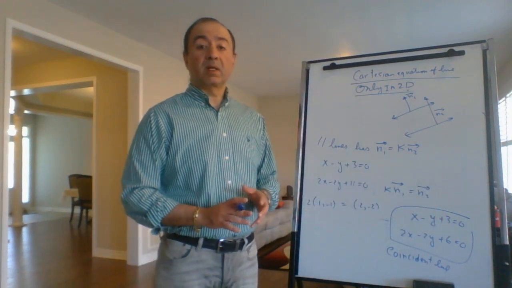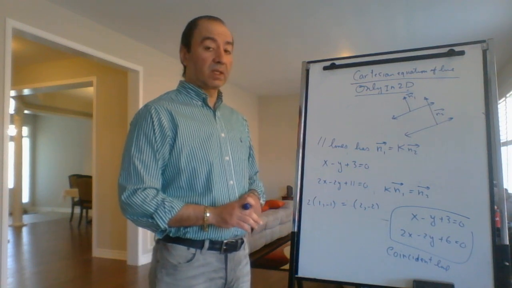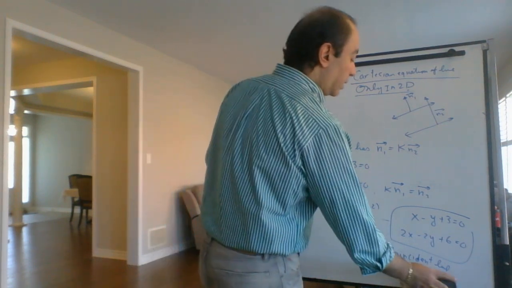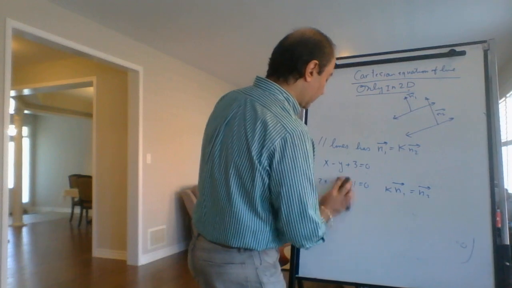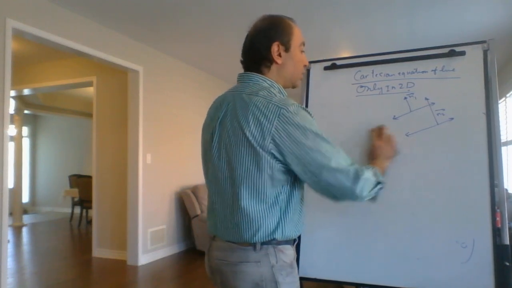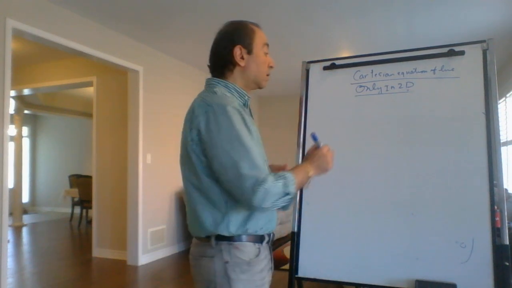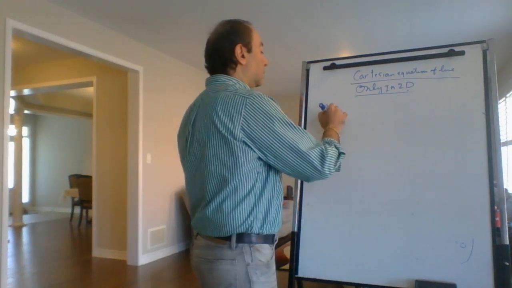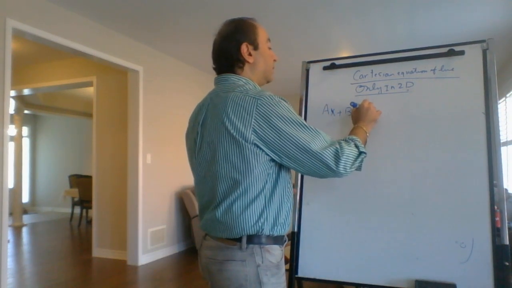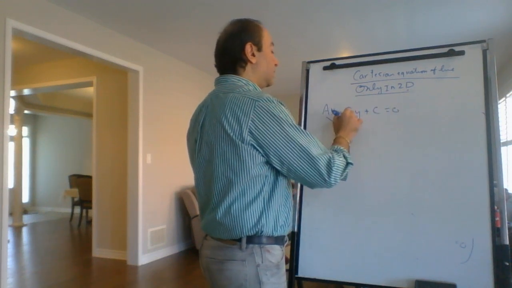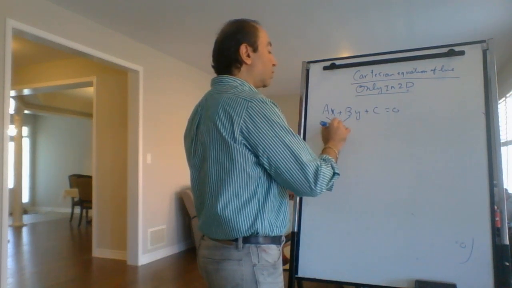So, let us summarize what we are saying today. The first thing, to write a Cartesian equation of a line in 2D, we need a normal vector to the line and a point. These are the components of the normal vector.